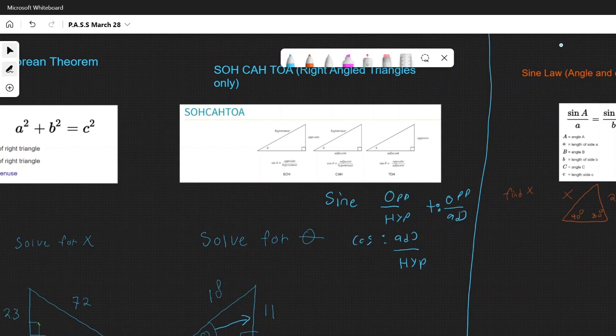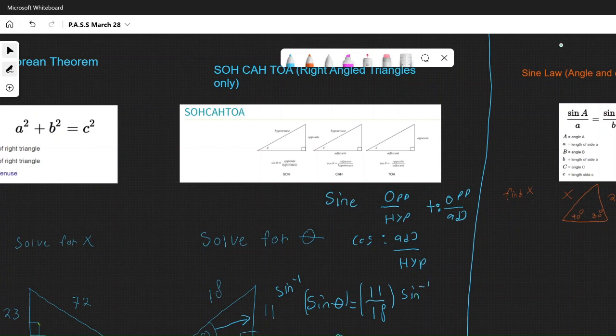So that means we'll be using sine. Sine of theta equals opposite over hypotenuse, so that would be 11 over 18. And then we just have to inverse the sine, so we go to our calculators and hit the second function button, and then the sine button, and then 11 over 18.